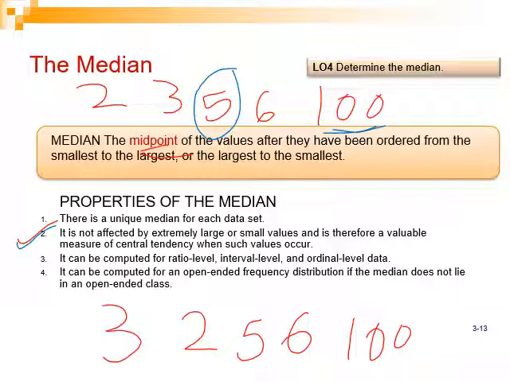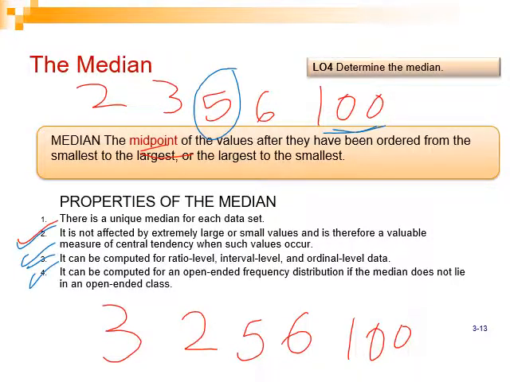Property 3: it can be computed for ratio, interval, and ordinal levels. This differs from the mean, because the mean is for the ratio and interval levels only, and the ordinal level is not included. The only measure not included for the median is the nominal level.